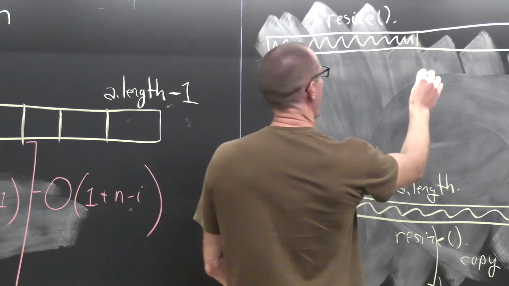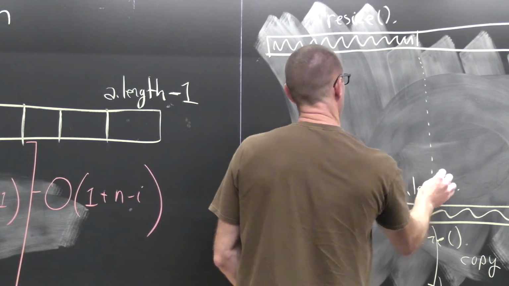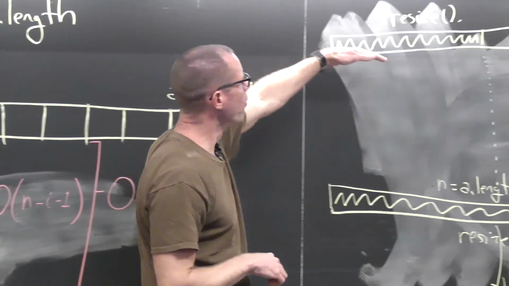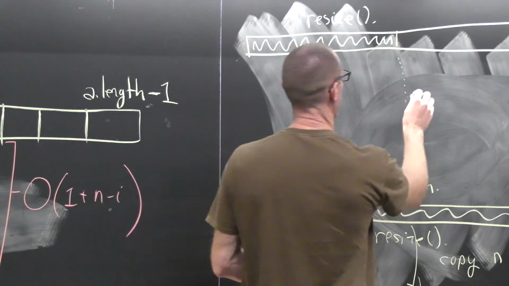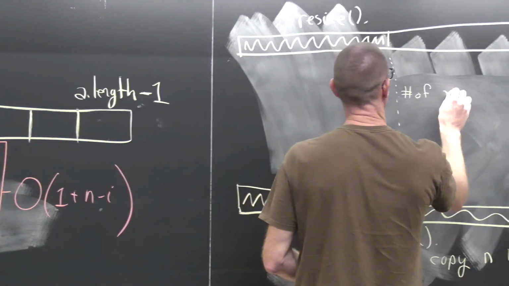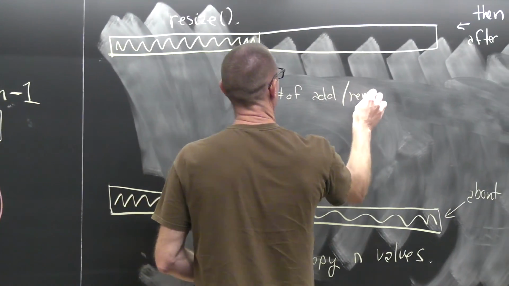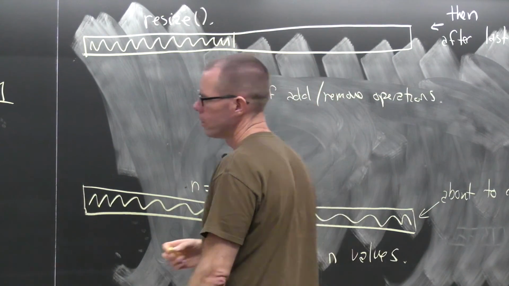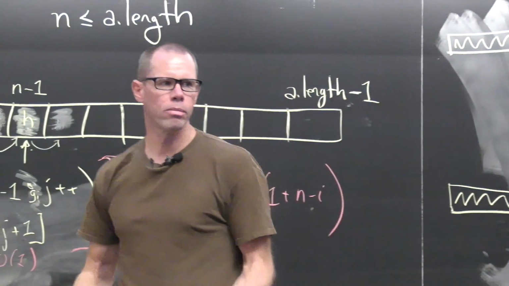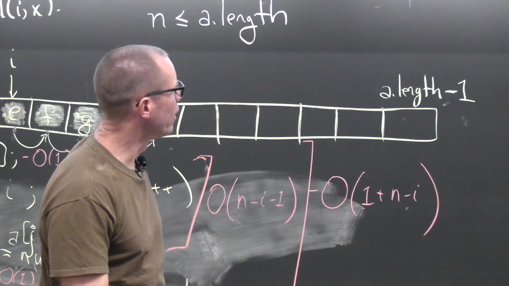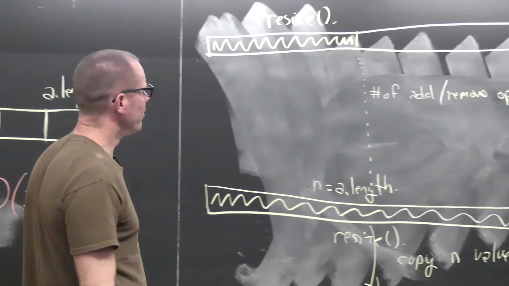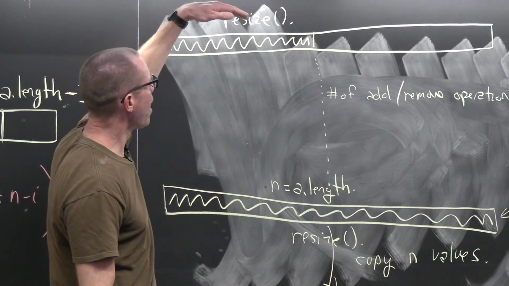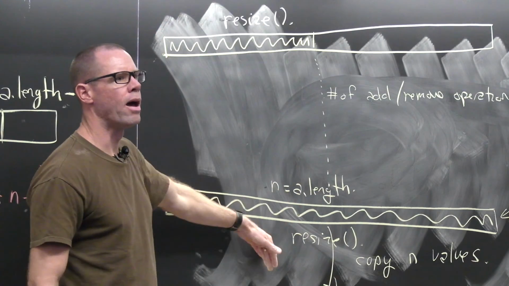So I want to know how much time, in quotes, has elapsed, and my measure of time is the number of add and remove operations I've done. Can you tell me anything about the number of add and remove operations that happened from then until now?